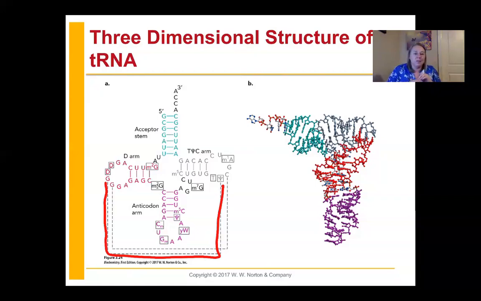Those dashed lines are those three-dimensional connections or tertiary folds where you have secondary structures interacting with one another. And so this leads to a lot of stabilization. You need all these folds really because the tRNA has to interact with the ribosome, has to interact with the enzymes. And the reason that this leads to stability is because you have stacking properties.